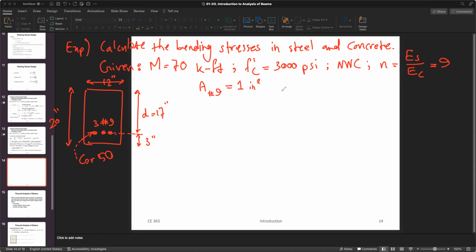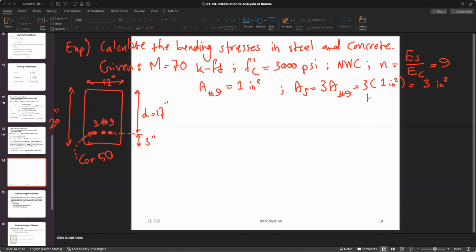All right. So since we have 3 number 9, it means the cross section As of your steel would be 3 times 1, right? It would be 3 square inches.